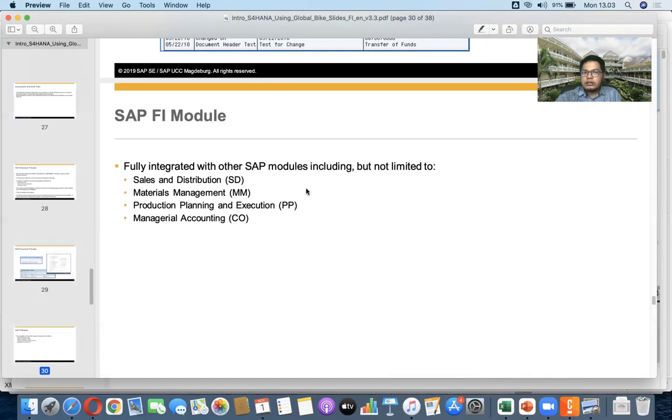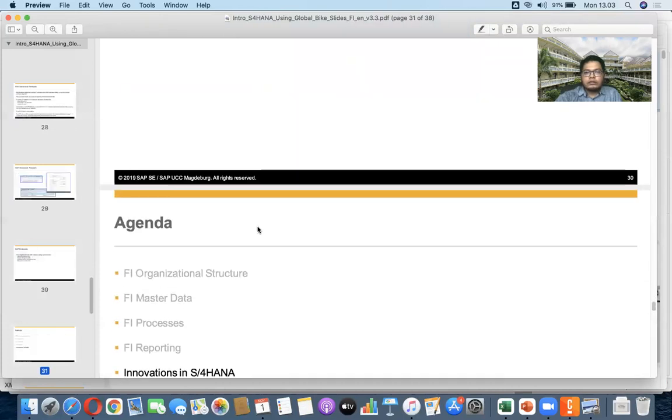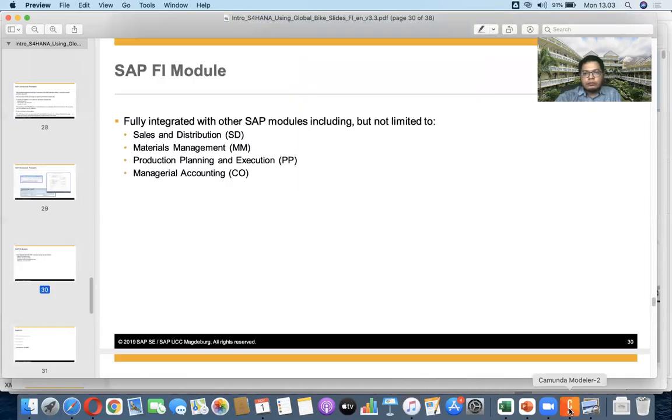That's why it's easy to find integration of processes if you pay attention to the FI module. As you can see, it's related to SD, MM, PP, the production planning and execution, and later on managerial accounting. Let's see the process then.